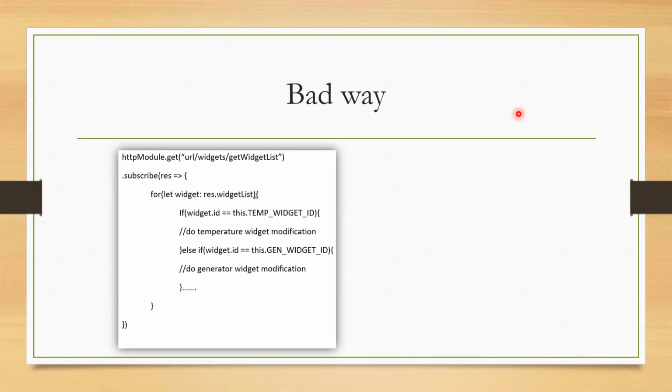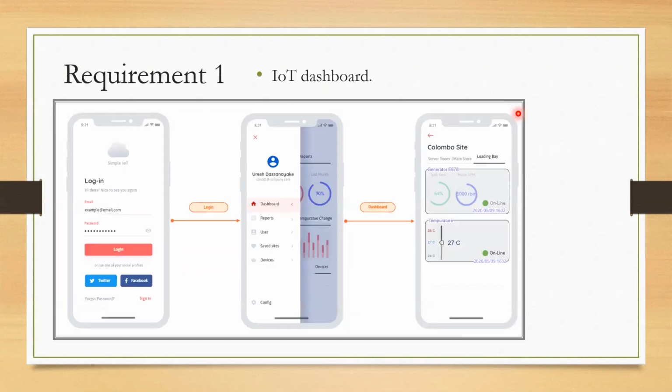This is the example class to create the IoT dashboard. What we are trying to do here is create an IoT dashboard. Under that dashboard we have several widgets like the generator widget and temperature widget.